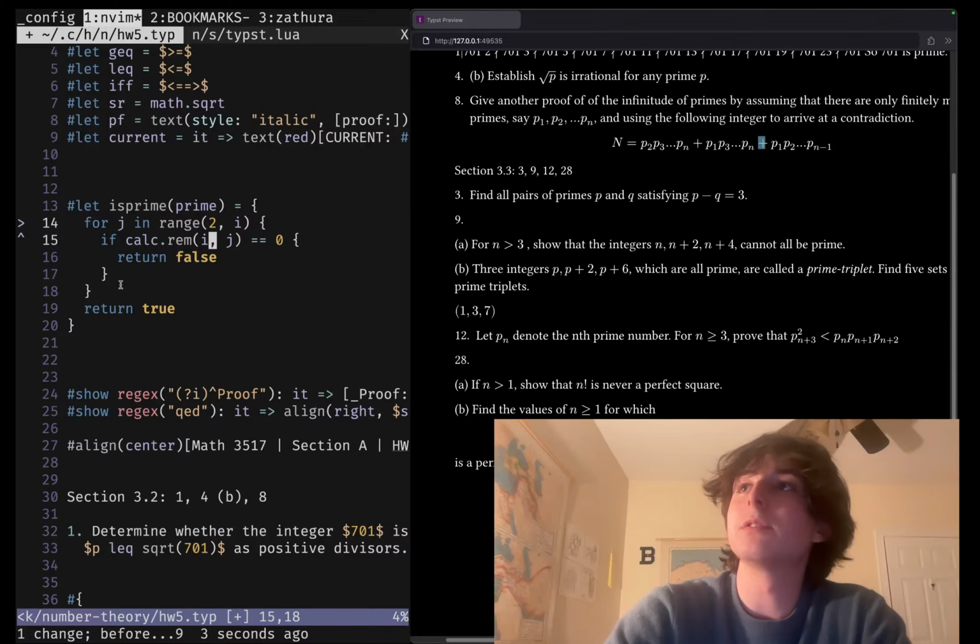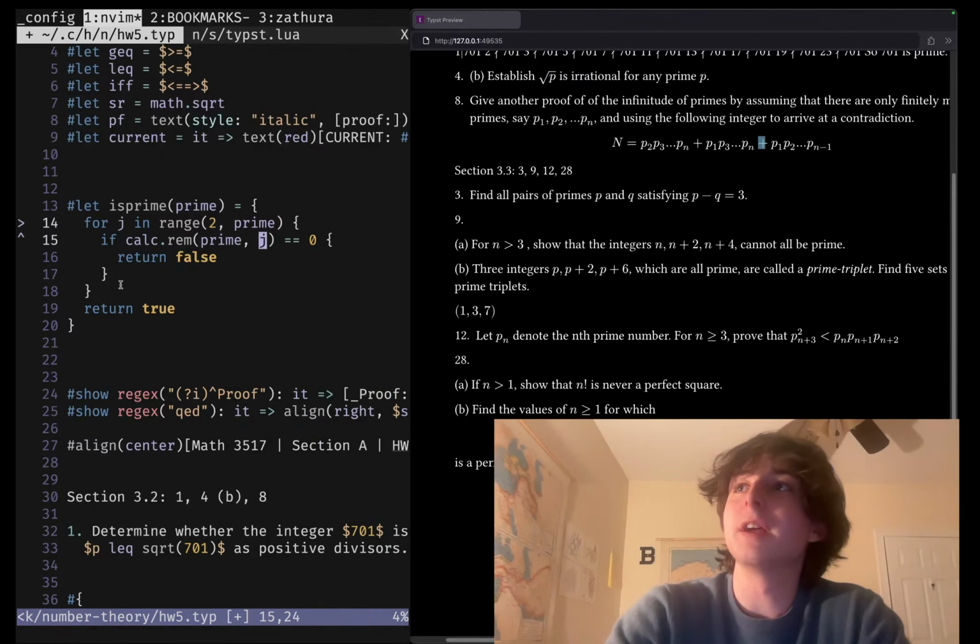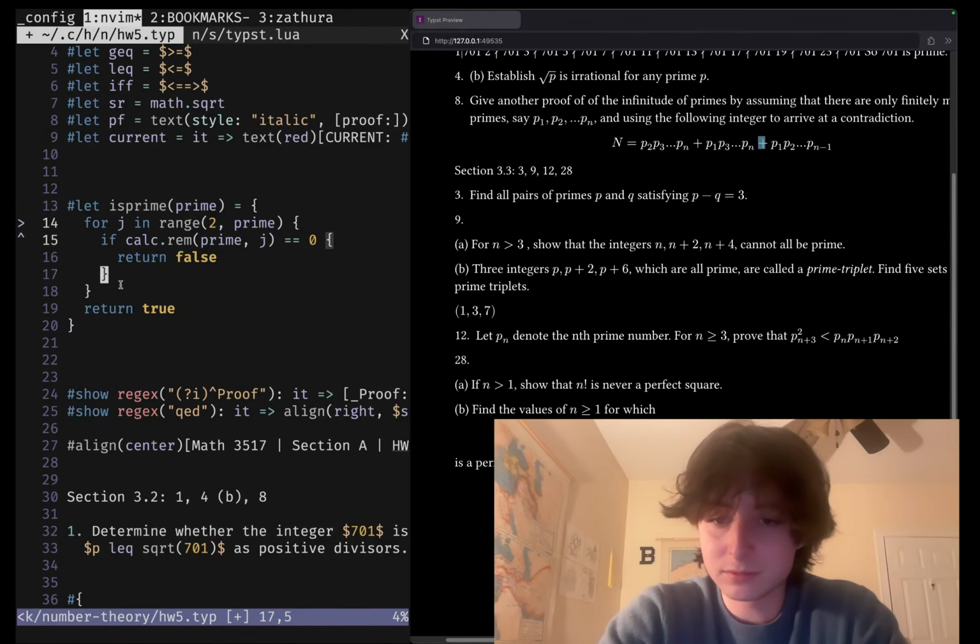No, that was... Okay, for j in range 2, if prime j equals 0. This is typed.